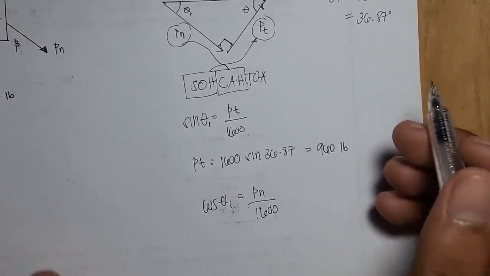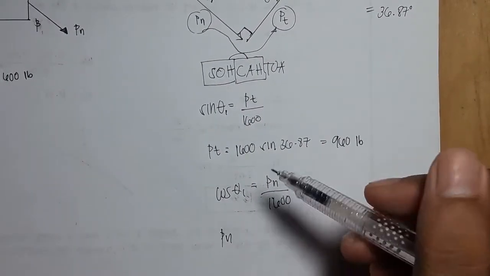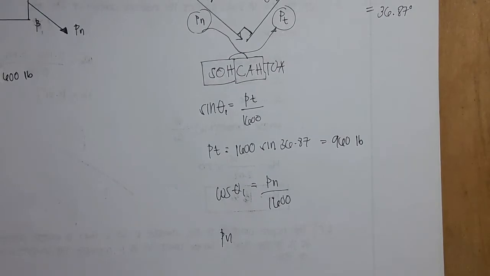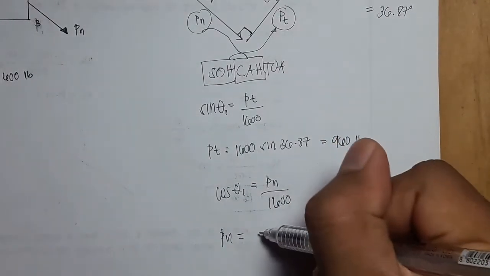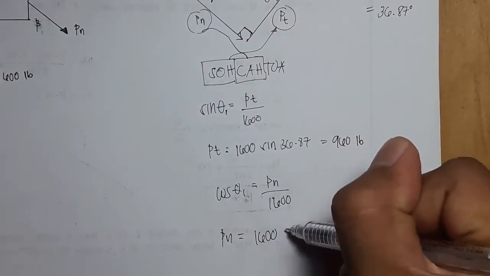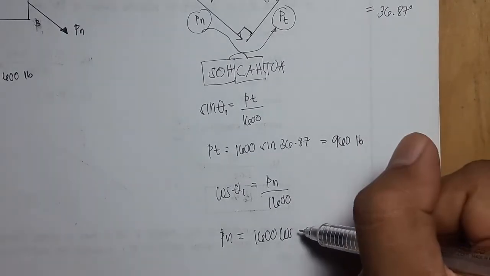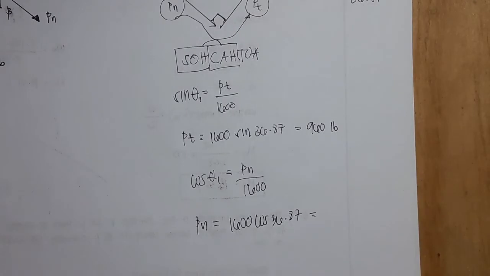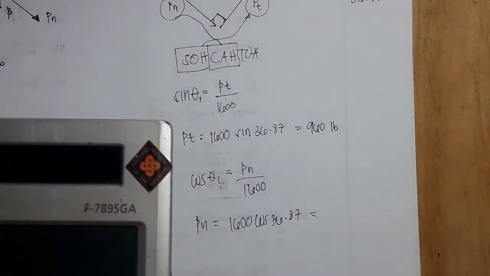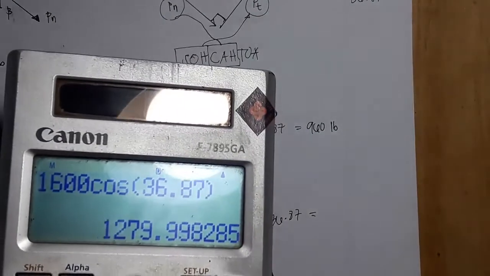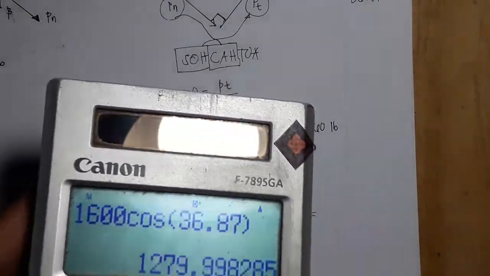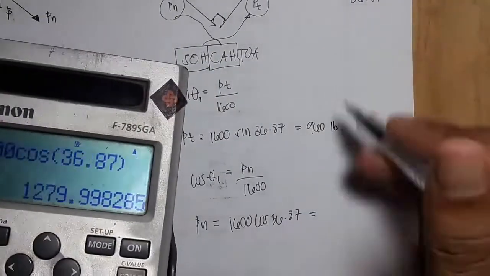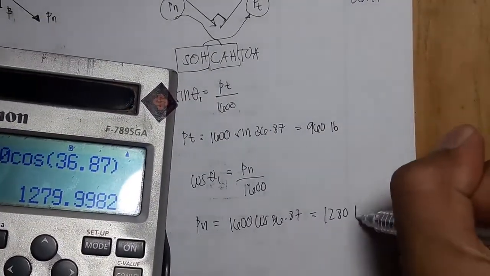So PN, or the normal component of the load P, would be 1,600 cosine of 36.87, which equals 1,280, or we can say it's 1,280 pounds.